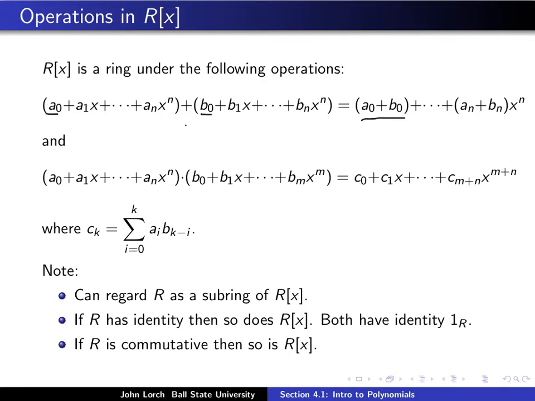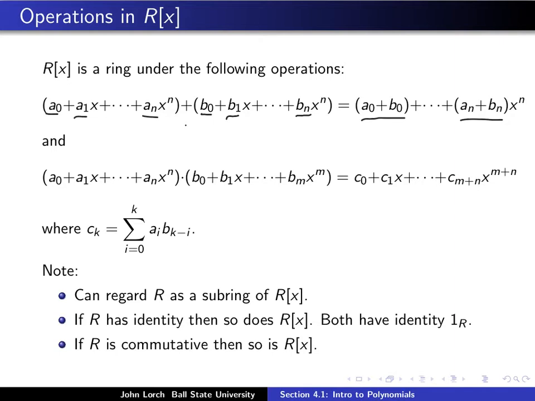And then if I want the coefficient for x, I simply add together the coefficients of x in the original two polynomials, and so on and so forth until I get to the last term, x to the n. If I want that coefficient, I just simply add together the coefficients of x to the n in the original two polynomials.